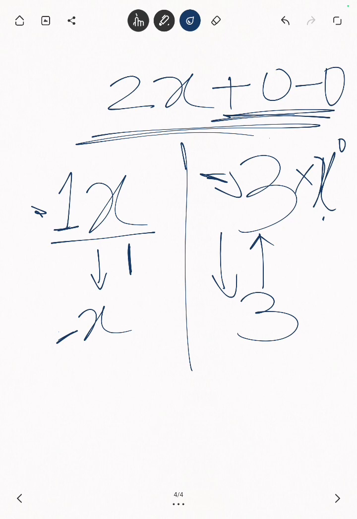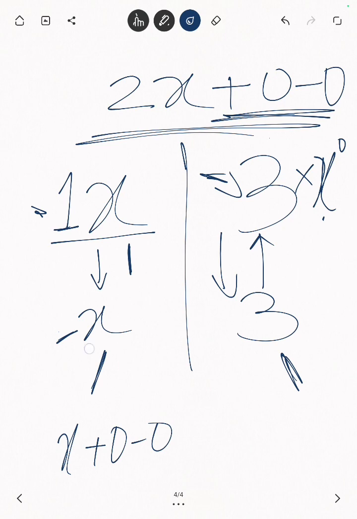Still, the property of the number was not changed. The property of the term was not changed. In the same way, I can even call the variable or the term an expression because to x I can add 0, I can subtract 0. Still, it is x only. So, can I call the variable an expression? Yes, I can call it an expression.